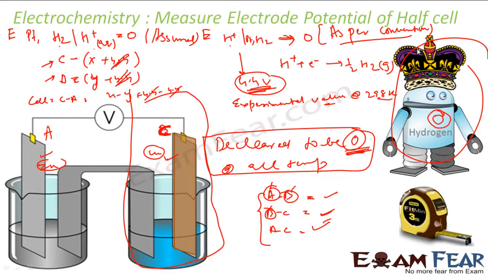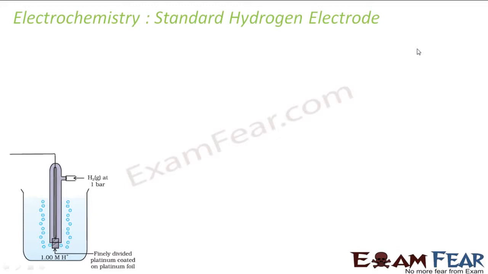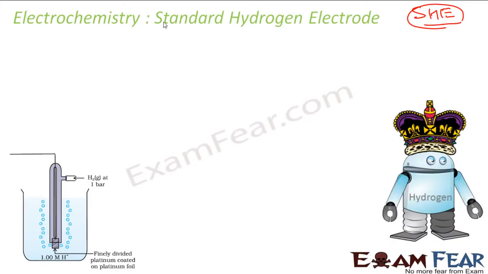And we call that standard hydrogen electrode. We'll understand this. This is called standard hydrogen electrode, SHE. So the reaction here is, you have hydrogen ions in the aqueous solution. It gets electrons, forms hydrogen gas, and then it's a gas.